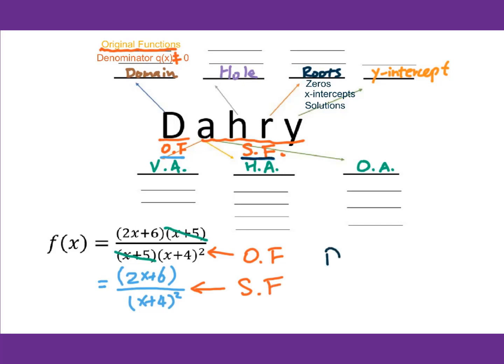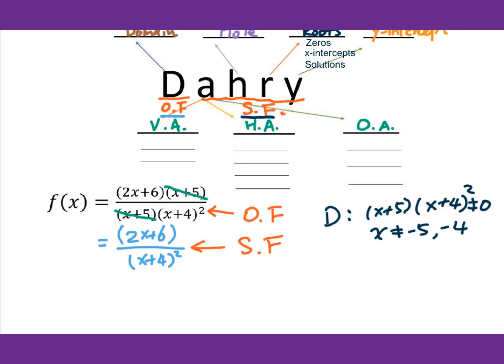When you're looking for the domain, you will set up the original function, x plus 5 times x plus 4 squared not equal to 0, which means x not equal to negative 5 and negative 4. But when you're looking for the vertical asymptote line, you have to use the simplified function. Only set up x plus 4 squared equal to 0.